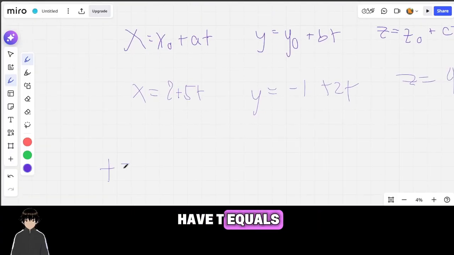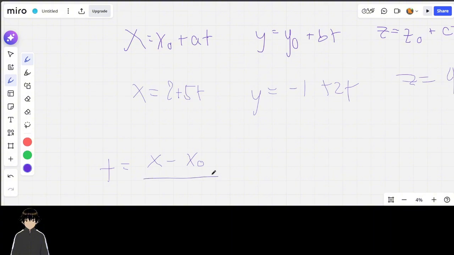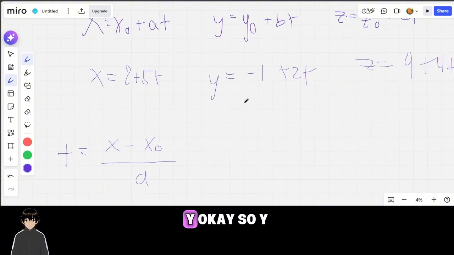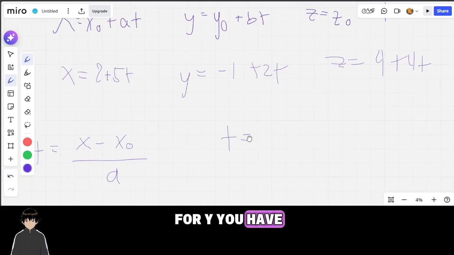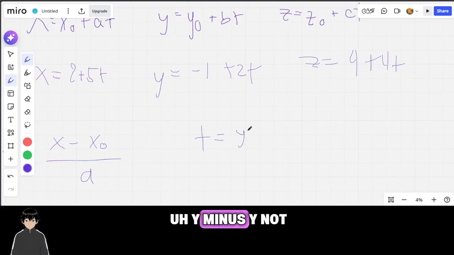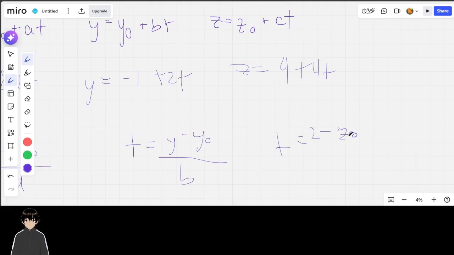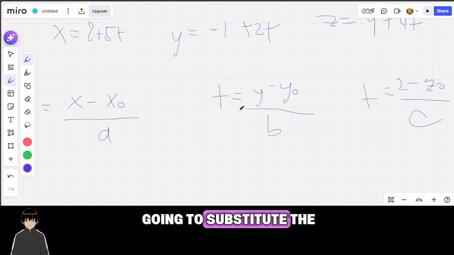We have t equals x minus x naught divided by a, and for y we have y minus y naught divided by b, and z is equal to z minus z naught divided by c.